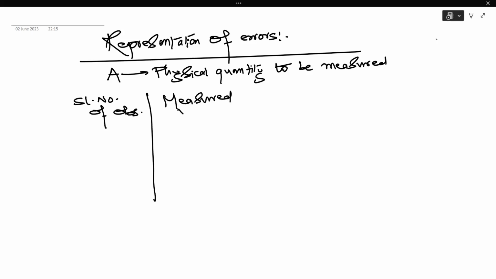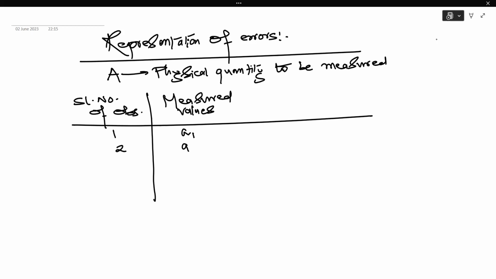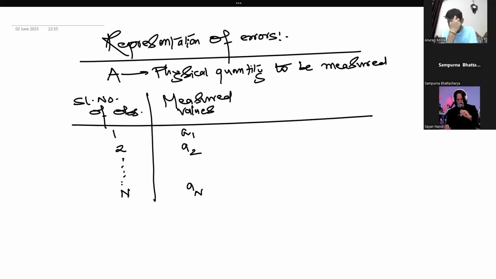Suppose the first time when I measured, I got the measured value as A1. Second time I got it as A2, and this way, the nth time I got the value as An. So as I said, when we measure errors, if we increase the number of trials, the more trials there are, the lower the expected error.